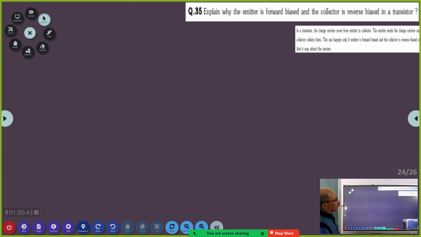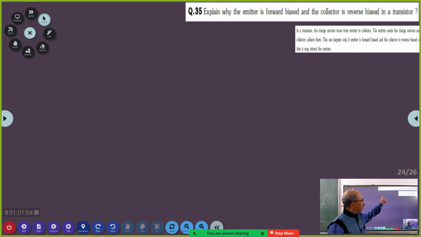Explain why the emitter is forward biased and the collector is reverse biased in a transistor. Tell in your own words, why is this? The emitter is forward biased, so you generate a forward bias current flowing from emitter into base.